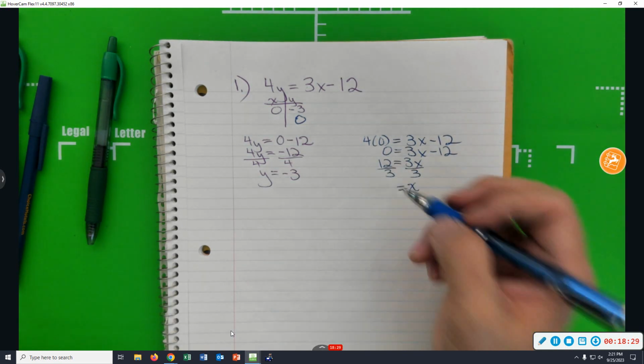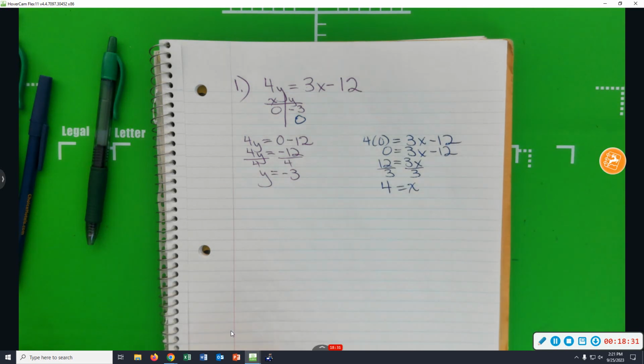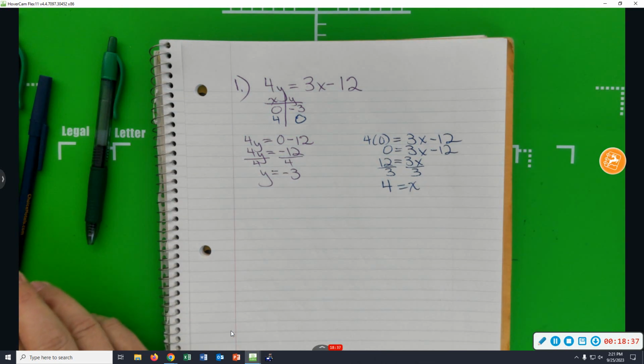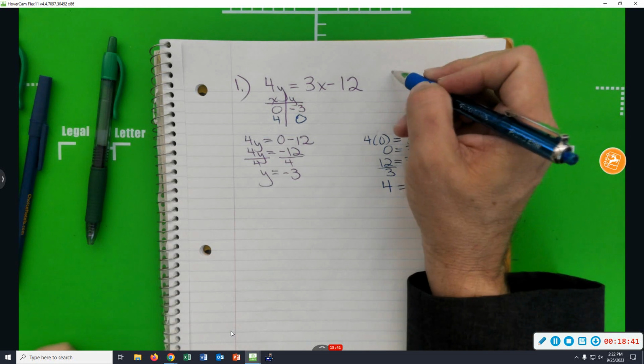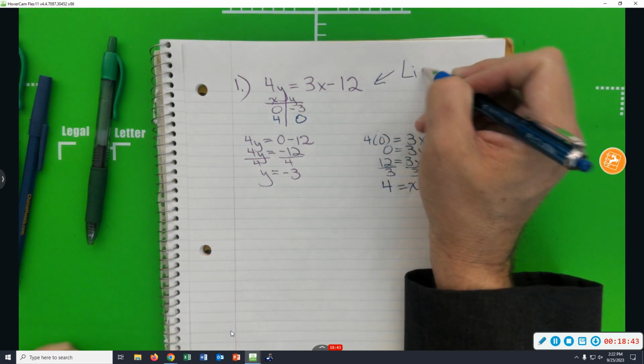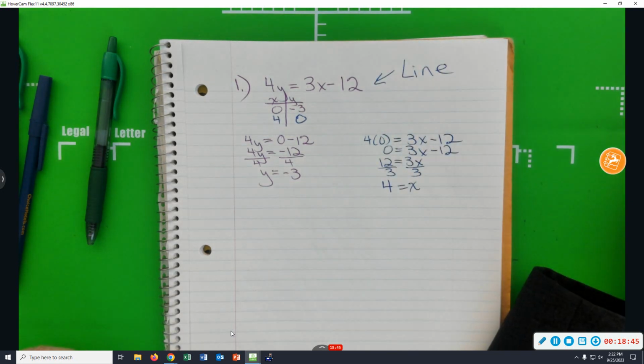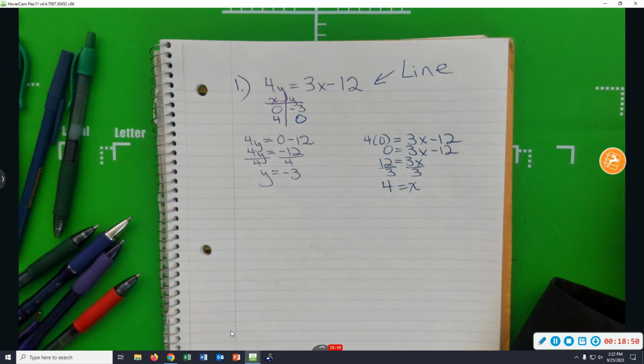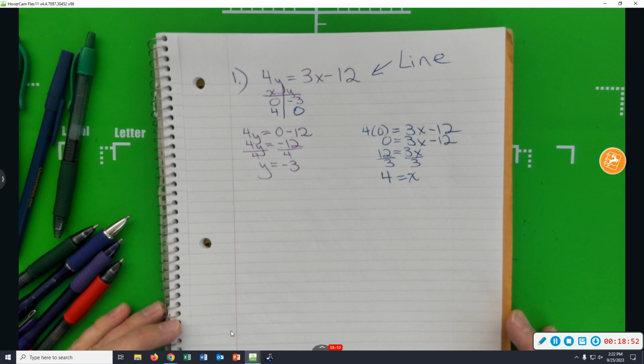12 divided by 3, I agree, is 4. So the second ordered pair is 4, 0. We said that this equation represents a line, so we only need 2 ordered pairs to draw the graph. Let's draw it freehand, and then I'll use the graphing tool, okay?